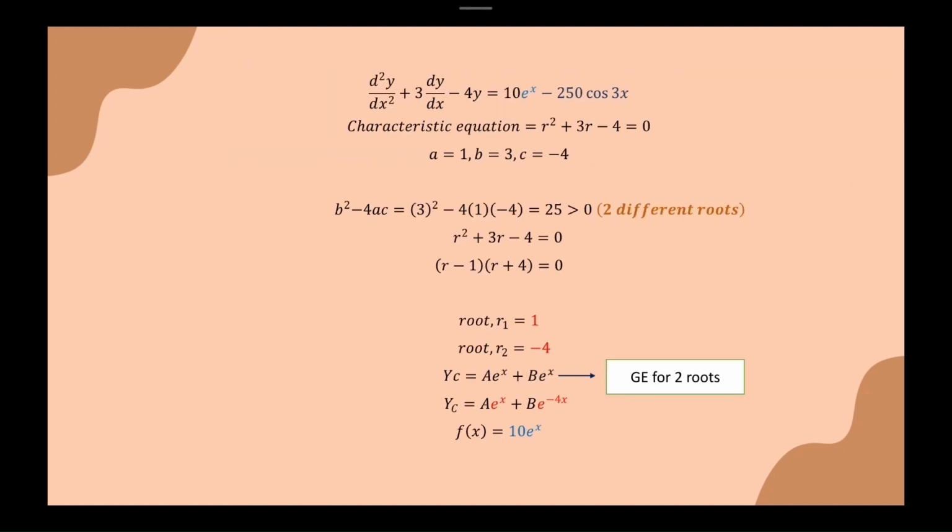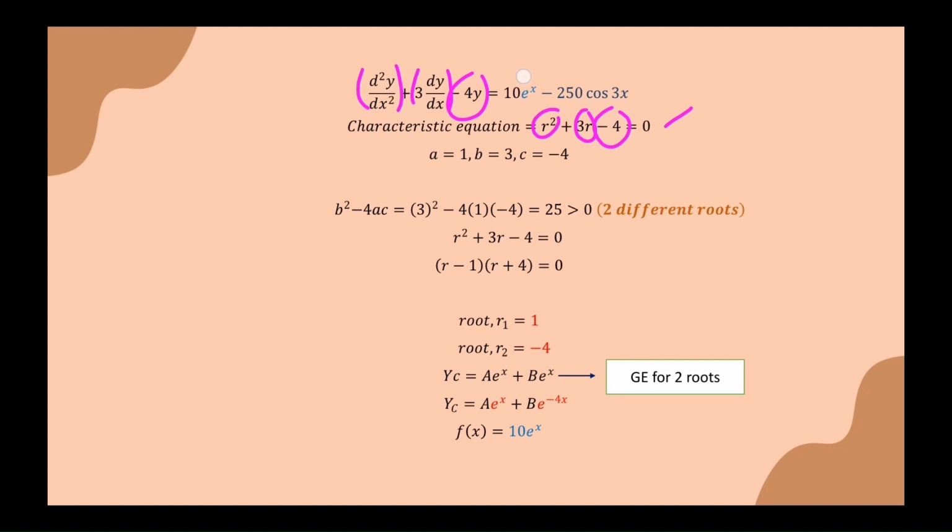As for the solution, first we need to identify the characteristic equation, which means we need to rewrite it in terms of r. So d²y/dx² is equal to r², plus 3 dy/dx is equal to 3r, and minus 4y is equal to minus 4, and equals 0.